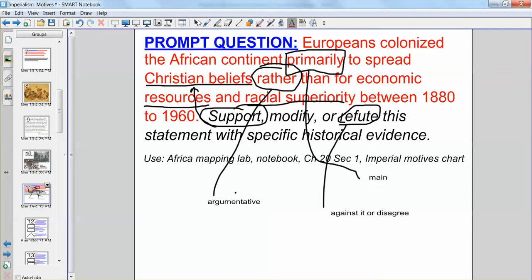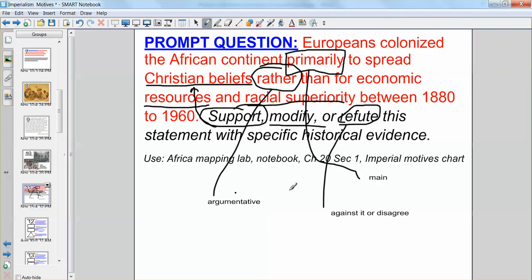The modify one basically means that you're not making up your own prompt and you're not undecided. It just means that you don't believe that Christian beliefs, resources, or racial superiority really cuts it, and that there's another category you want to put in there. Doesn't mean you change the prompt or anything. It just means that these categories are a little bit more switched up.